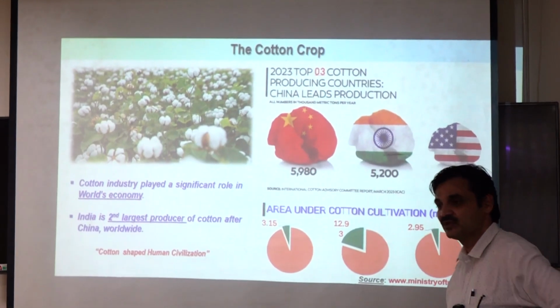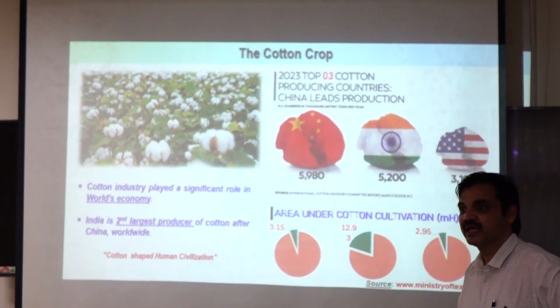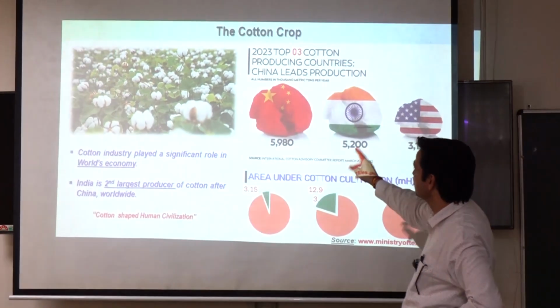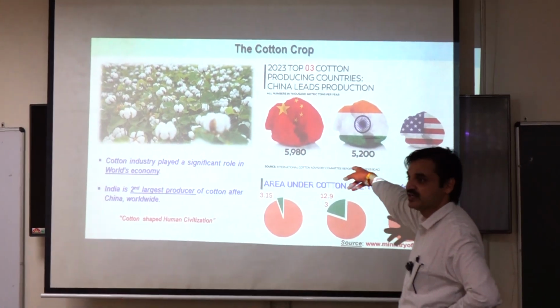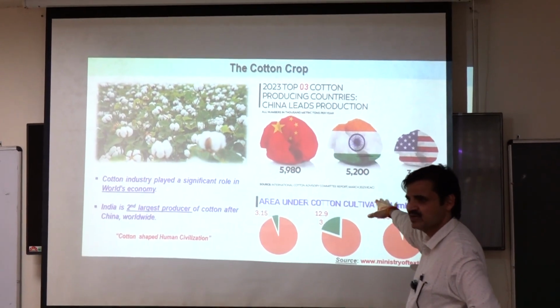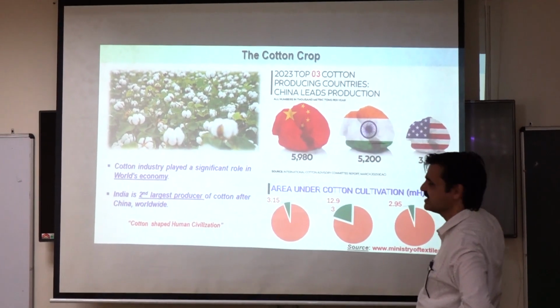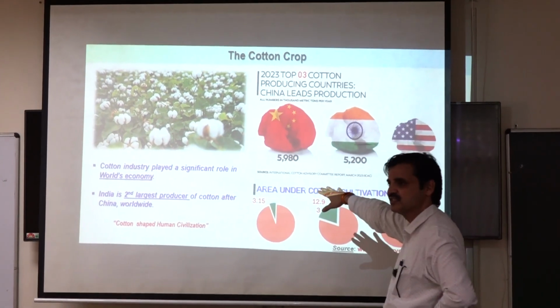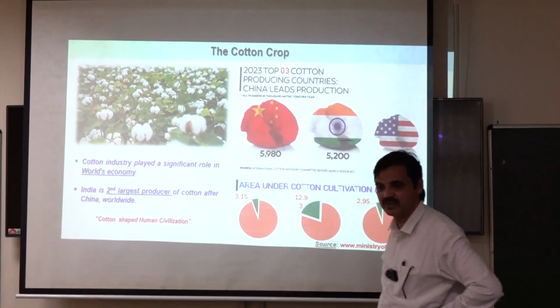This is 2023 data, a bit old, but it takes some time before it comes into public. So China has 6,000, we have 5,000, and the US has 3,000, right? So we are good. 6,000, 5,000, we are number 2 in the world.